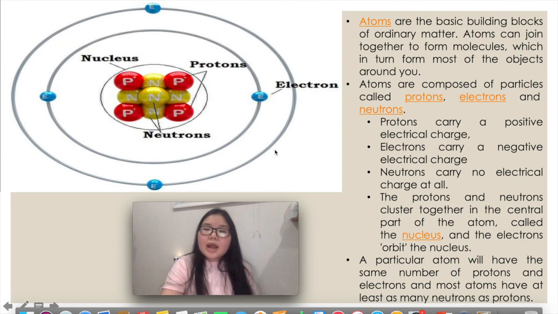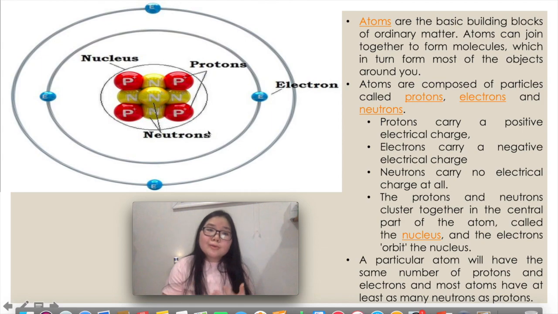The atom is composed of particles called protons, neutrons, and electrons. Protons carry a positive electrical charge, so that means it has a positive charge in the nucleus, and the electrons carry a negative electrical charge, and neutrons carry no electrical charge at all, as I said to you.